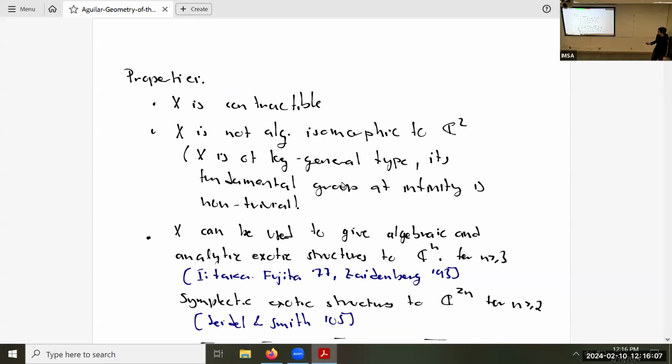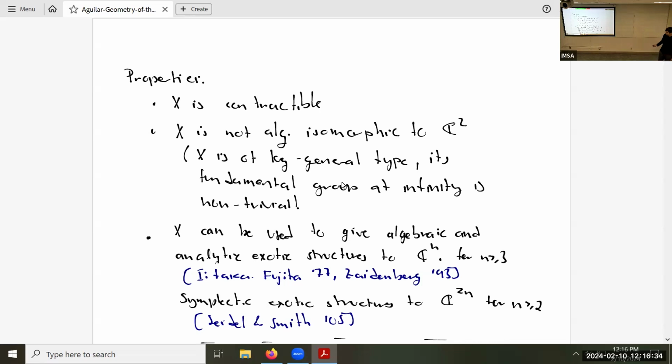So what are the properties of this? We have that X is going to be contractible, but X is not algebraically isomorphic to C2 or analytically isomorphic to C2. One reason of that, which I'm going to explain later, is that X is of log general type, whatever that means. But you can also say that its fundamental group at infinity is non-trivial.